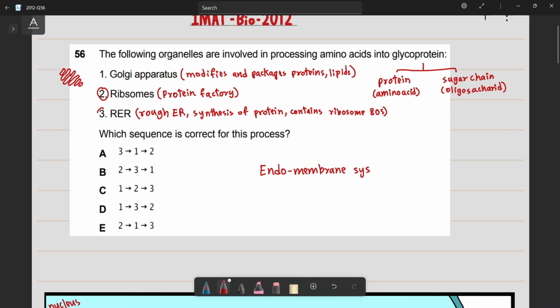So this must be the second one. And the third is where further modification takes place in the Golgi apparatus. So one, two, three. The only correct option is option B, two, three, one. So that's about the question.